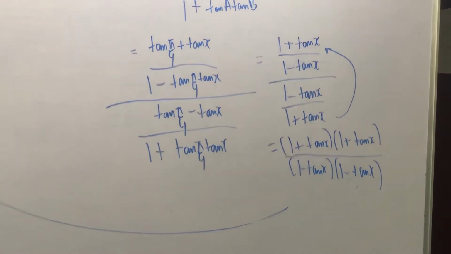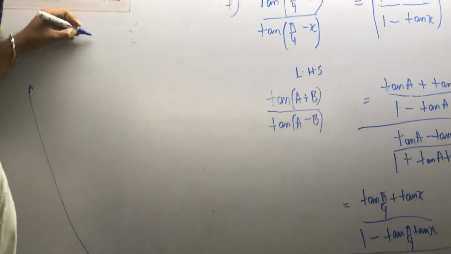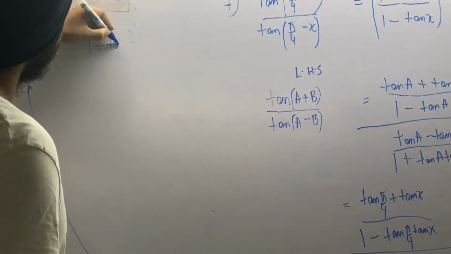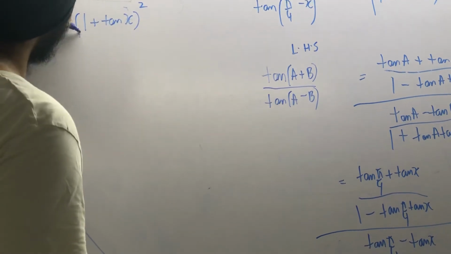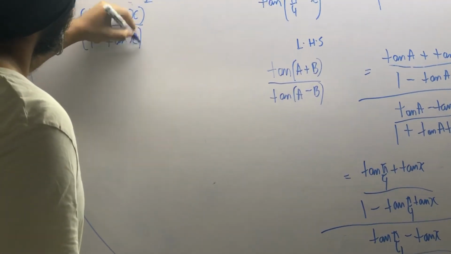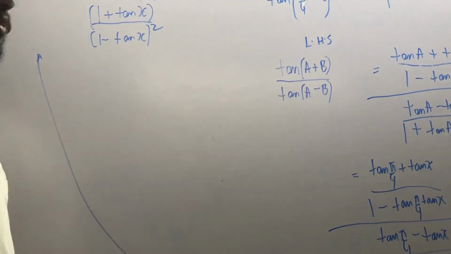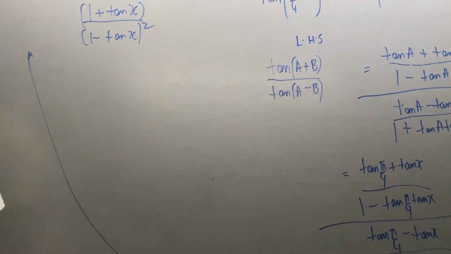So 1 plus tan x into 1 plus tan x is 1 plus tan x whole square. 1 minus tan x into 1 minus tan x is 1 minus tan x whole square. This is equal to the right hand side. So hence proved.